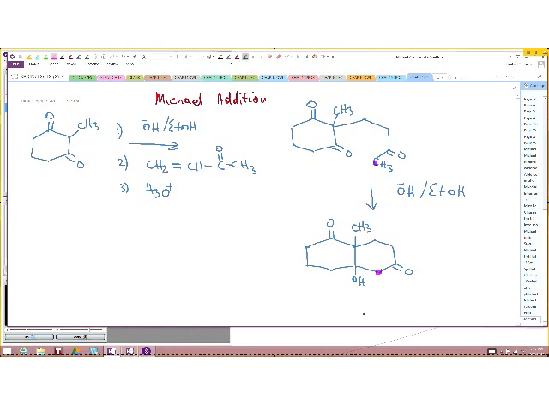Now if you apply heat, then you form this molecule. Okay, this is the product of your Aldol condensation.